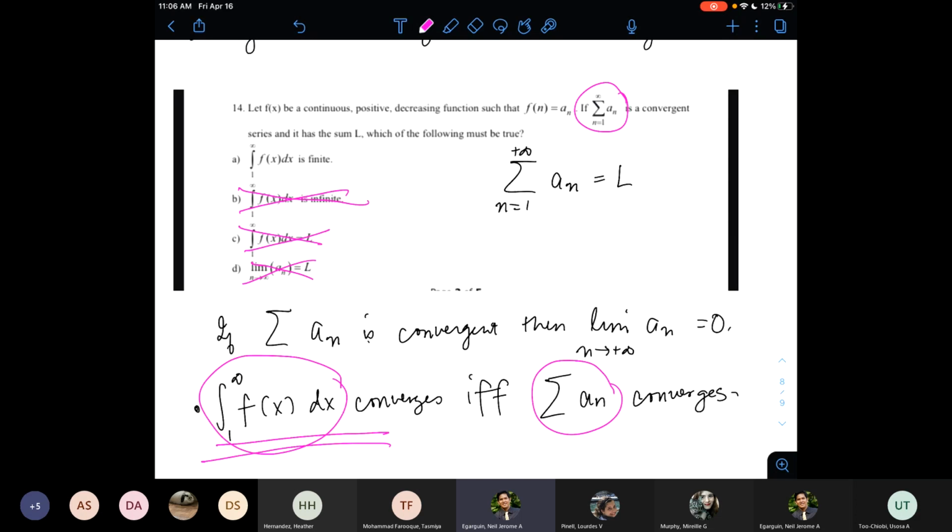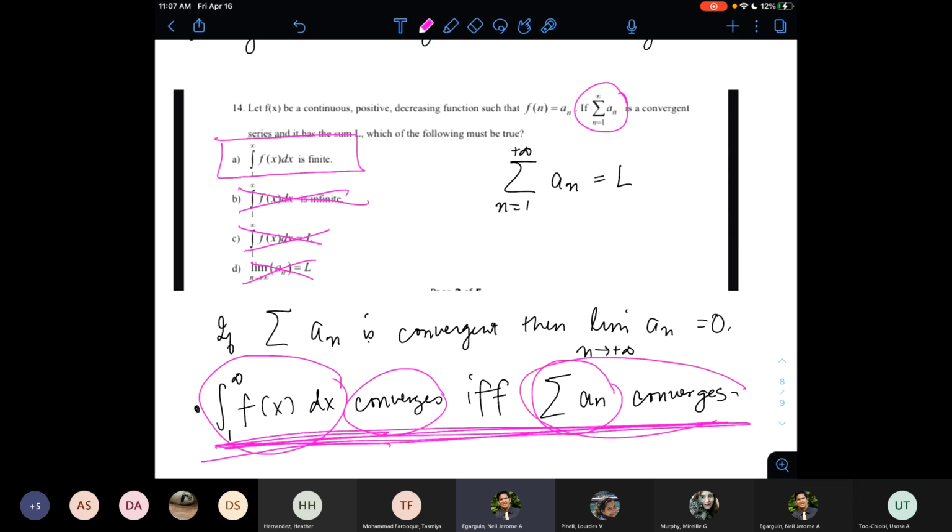We need more information about f and a_n. So that leaves us with option A, which is also the safe choice because here we're saying that the improper integral converges if and only if the series converges. What does convergence of an improper integral mean? It means that the improper integral has a finite value. We already know that the series is convergent, so the improper integral must be finite.